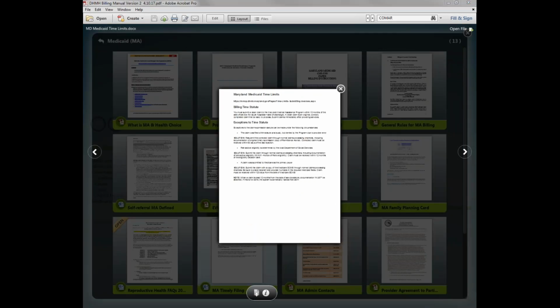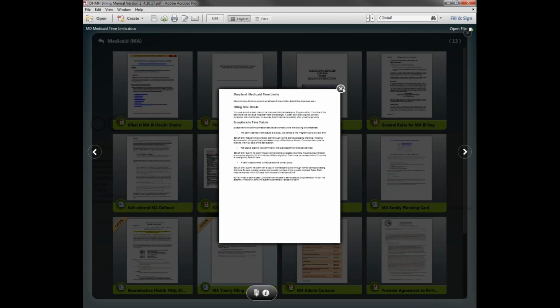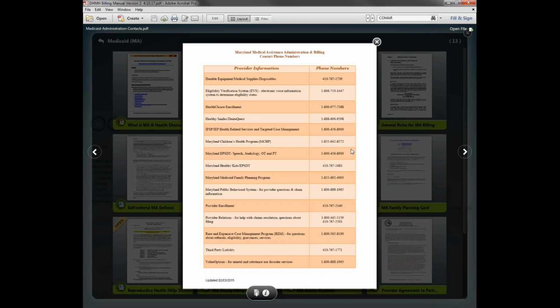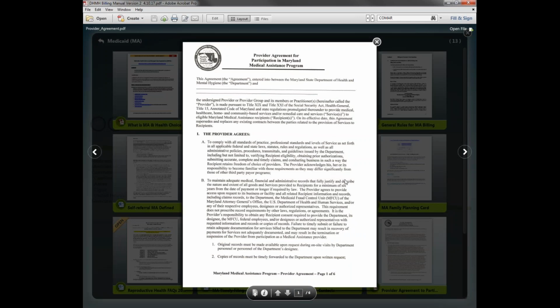These are the time restrictions on filing claims for Maryland Medicaid, the time limit. This is the administrative contacts for Medicaid. And this is the provider agreement to participate in the Maryland Medicaid program.